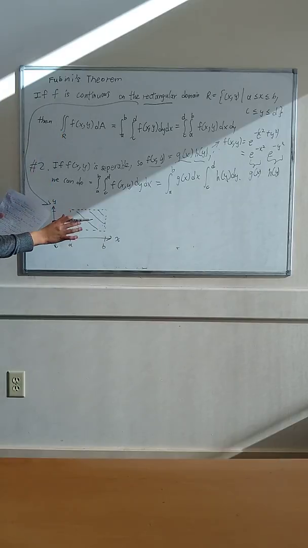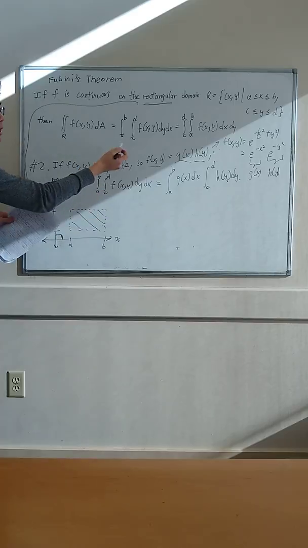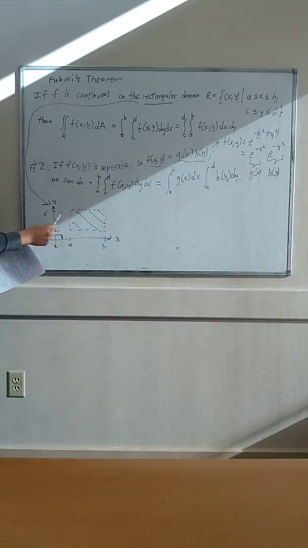We can split double integrals apart, and we can rearrange the order of double integrals because this is a rectangular domain. Let me give you one example where it doesn't work.